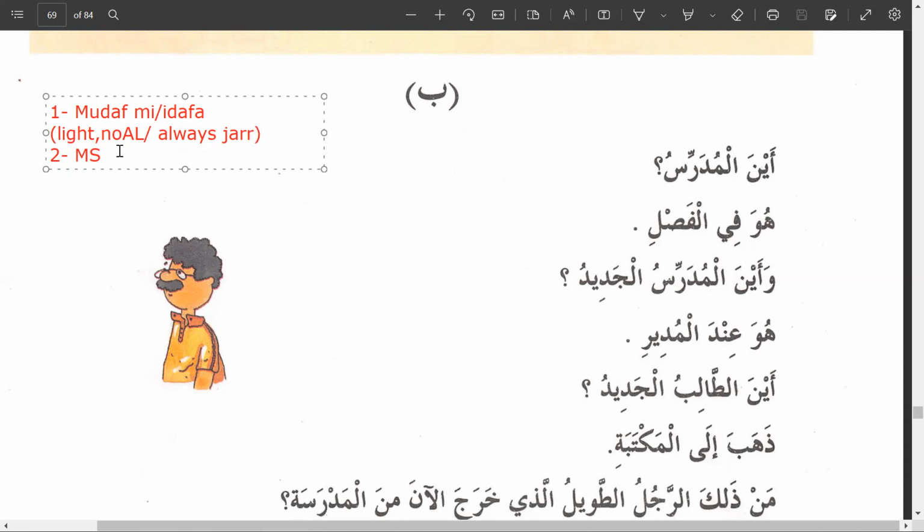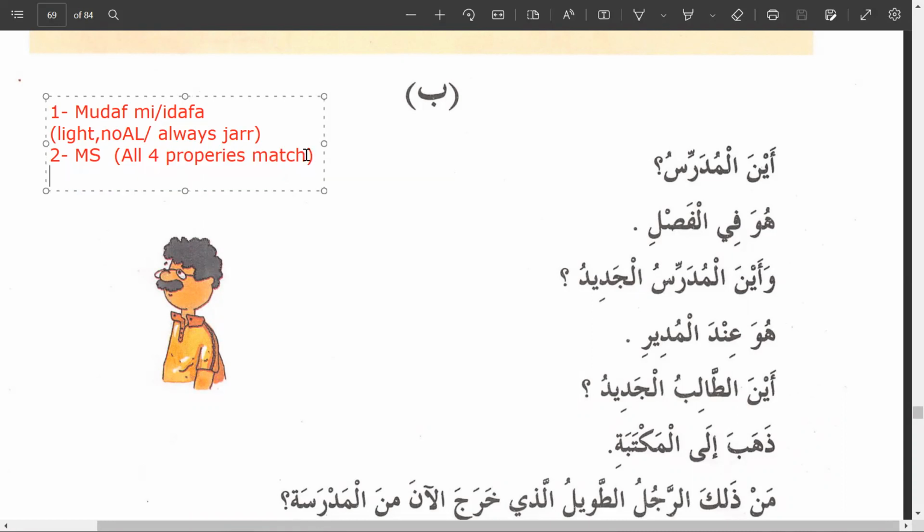And then mawsuf sifa, what is specific about mawsuf sifa? All four properties are the same. MashaAllah, excellent. All four properties match.